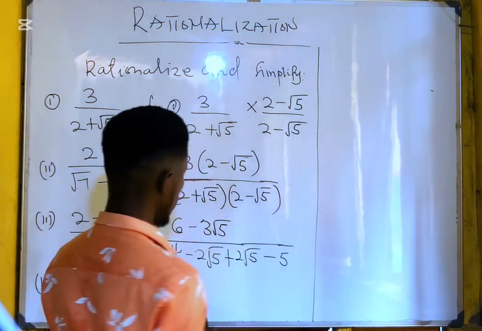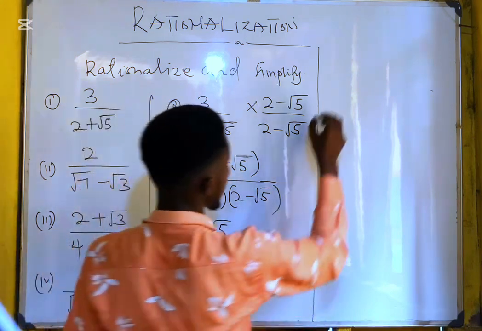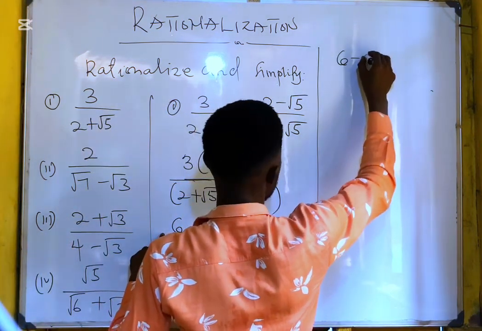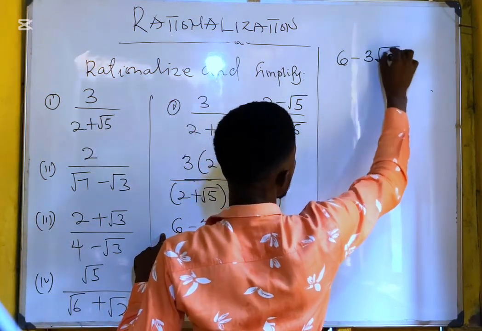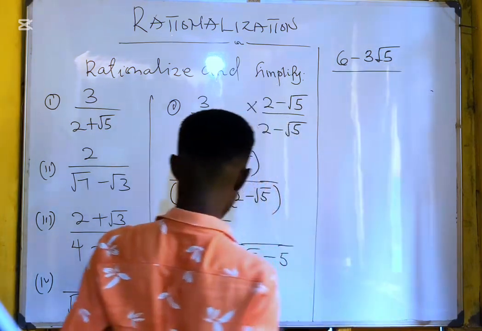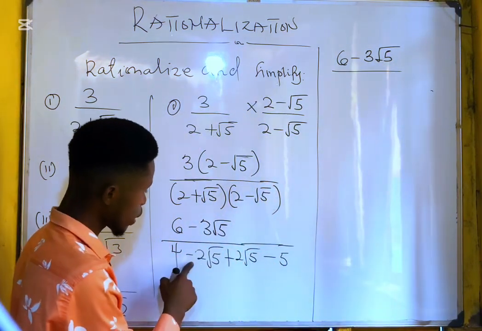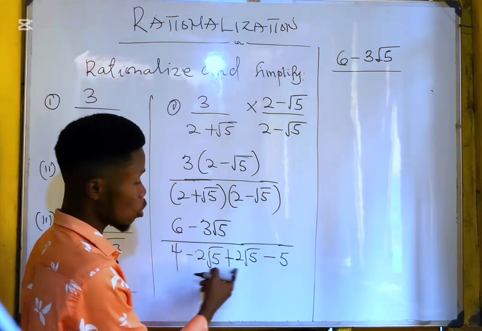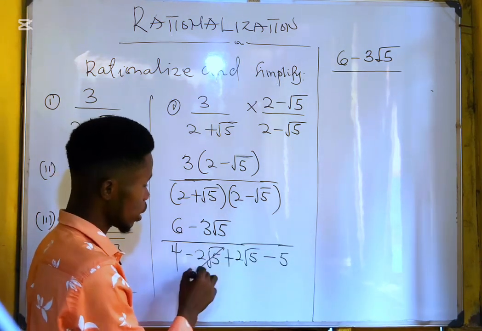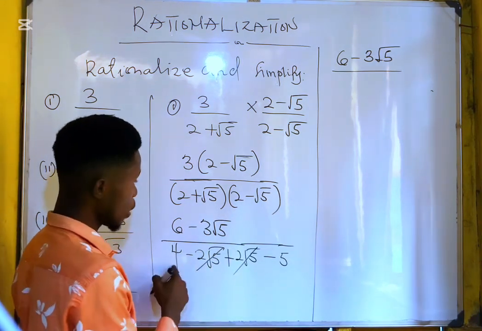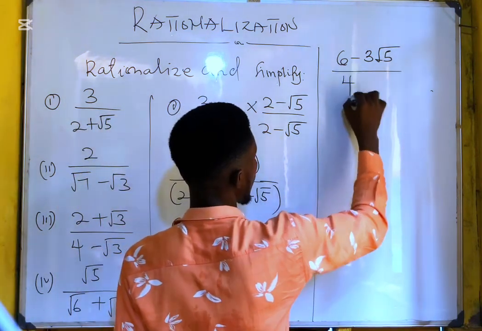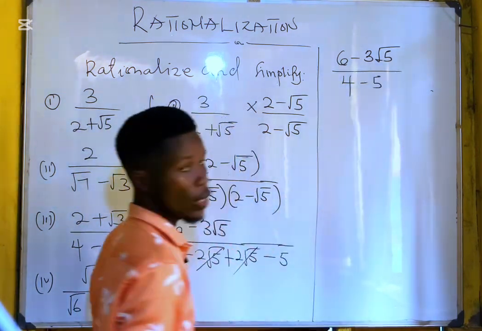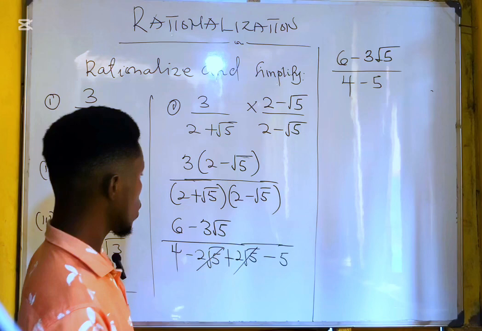So in this case, the top here now becomes 6 minus 3 root 5, all divided. Now you see, this is negative 2 root 5, this is positive 2 root 5. They are the same and they are in opposite signs. So this will go with this one, leaving 4 minus 5.